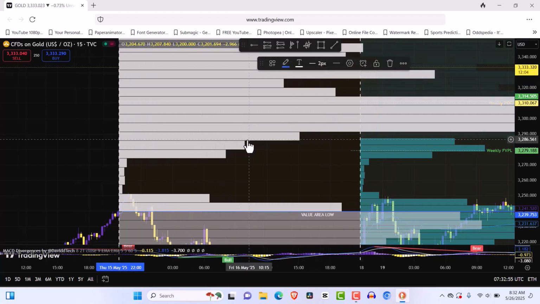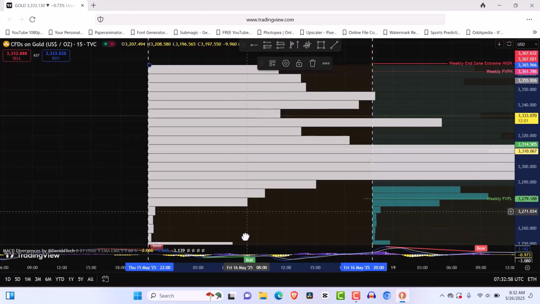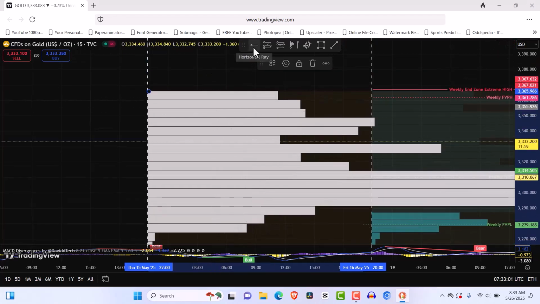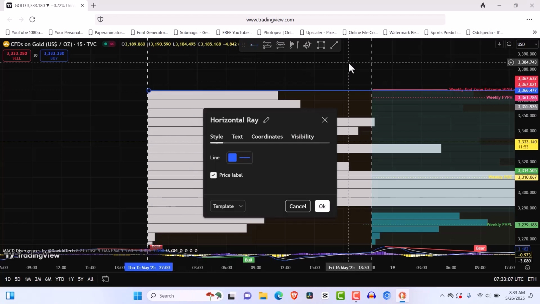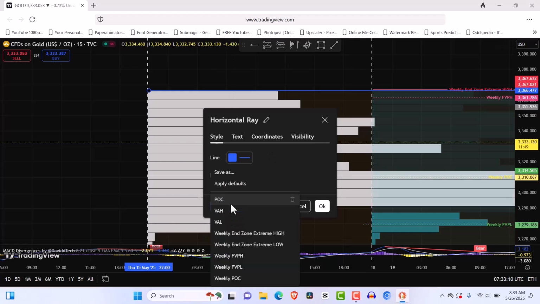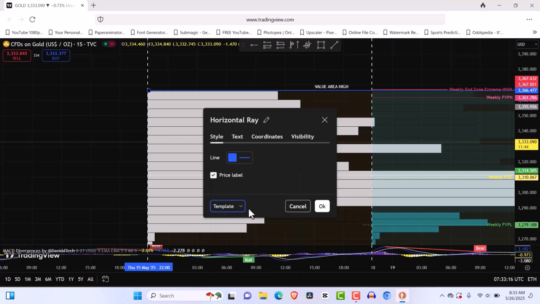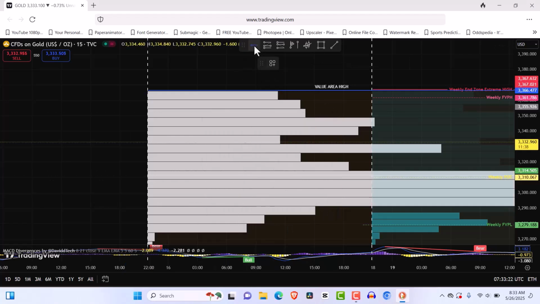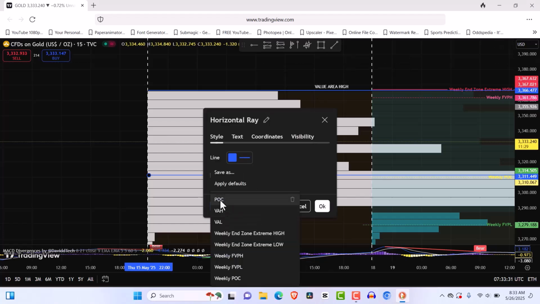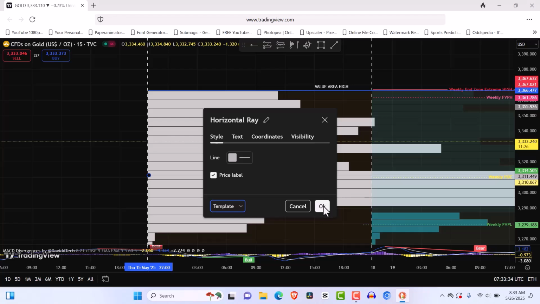Then I'll do that for the high also. Okay, so we have the high and the place of control. I will also do that. Call that place of control. Okay, so we have that place of control.